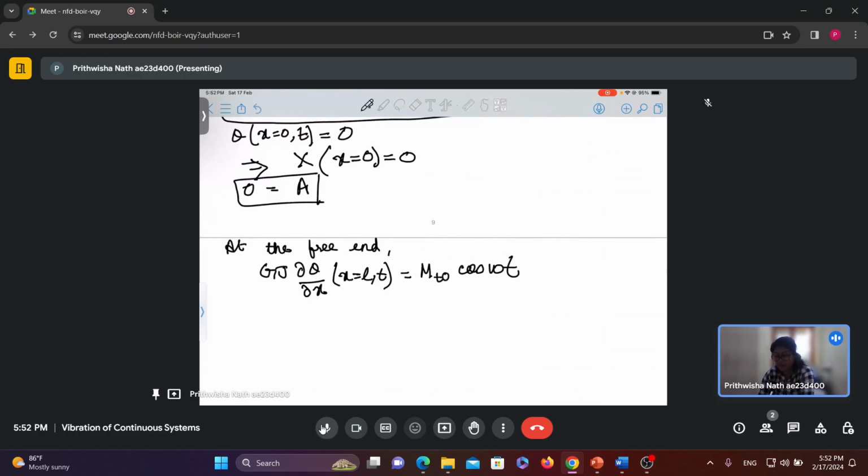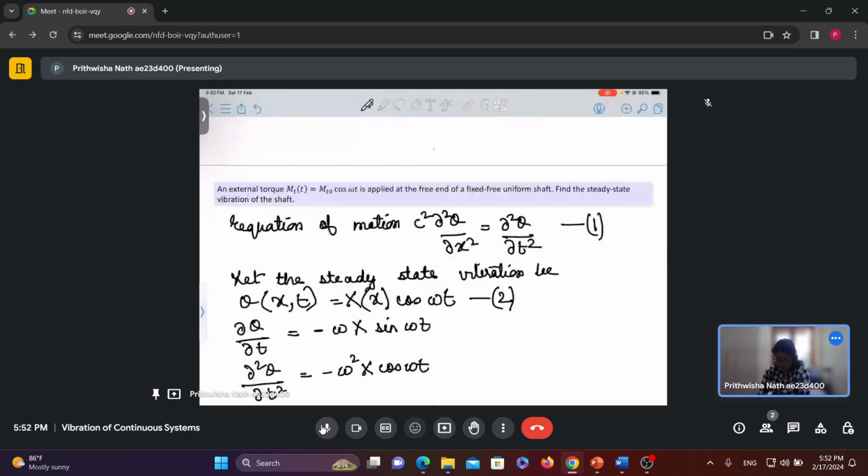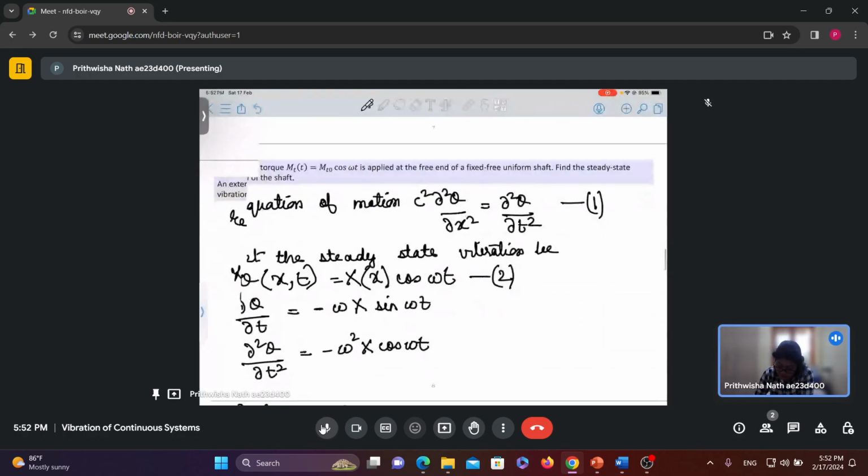This can be seen from the question. The external torque is equals to mt naught cos omega t. So at the free end I can write the equation like this.